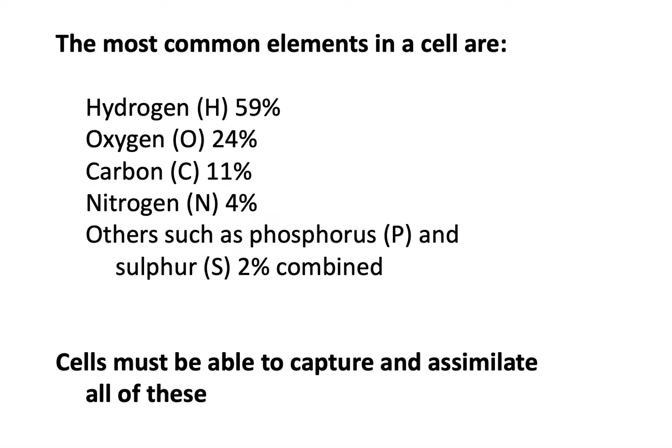Before I talk about the genomes of each one of those organisms, I want to talk a little bit about metabolism. So the most common elements in the cells in bacteria, archaea, and eukaryotes are hydrogen, oxygen, carbon, nitrogen, phosphorus, sulfur, and a few others. Now, the cells must be able to capture and assimilate all of these, but they don't do that all the same way.